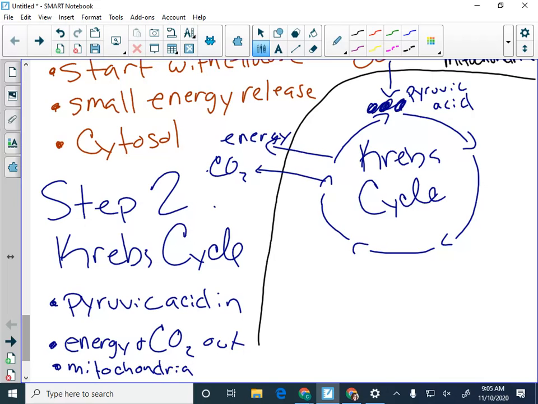This is why the mitochondria is called the powerhouse of the cell, because in the mitochondria, we are breaking down sugars into energy. Yes, this energy that we are releasing right here is ATP.